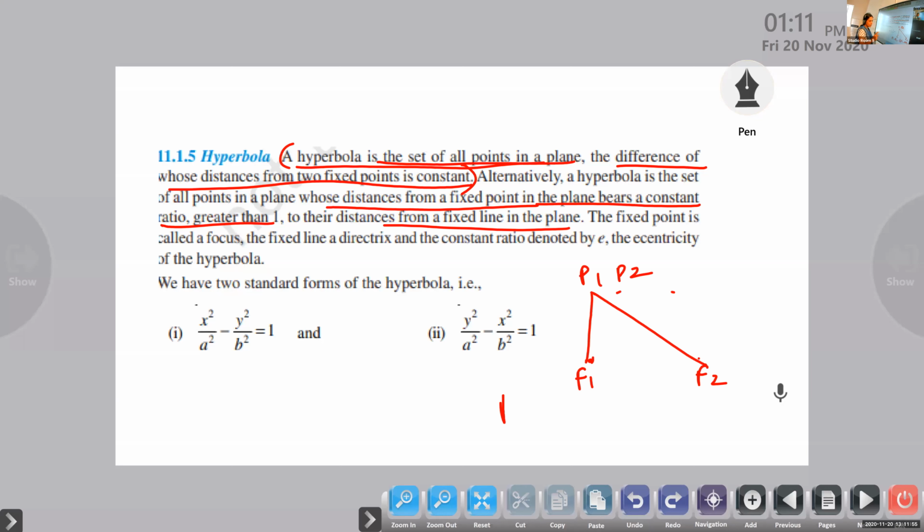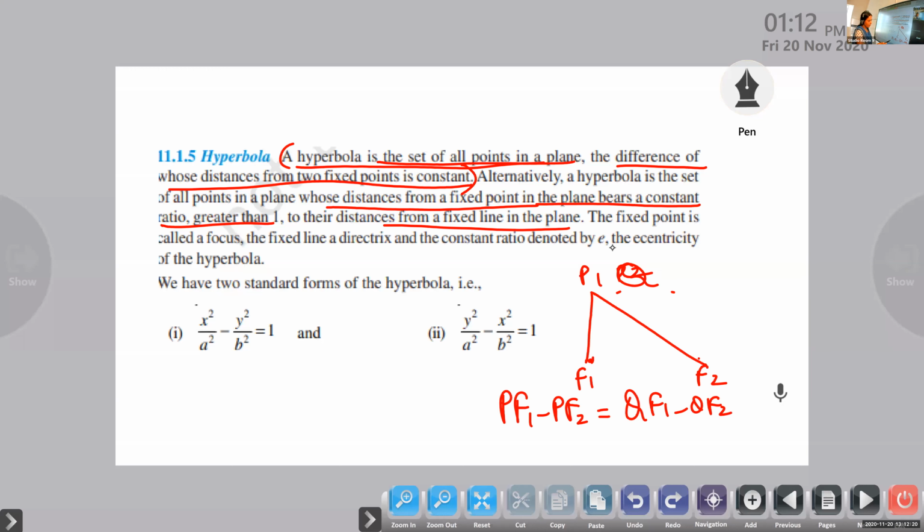So we are taking only those points whose differences will be same. This fixed point we call the focus, and the fixed line we call the directrix. This ratio is always a constant, and the constant ratio we denote as E.